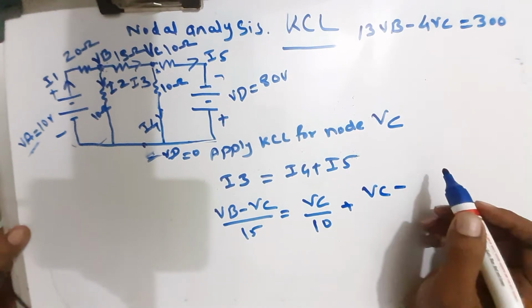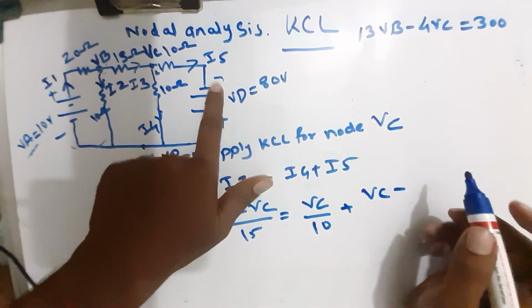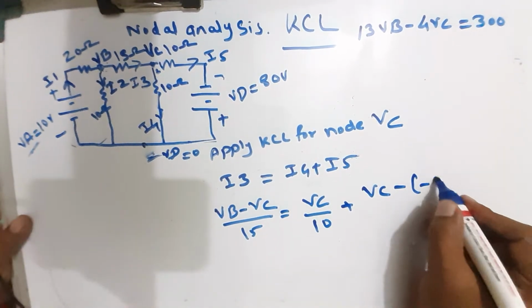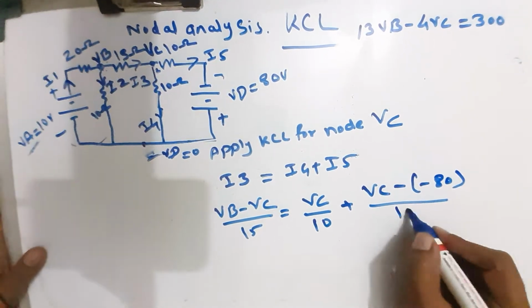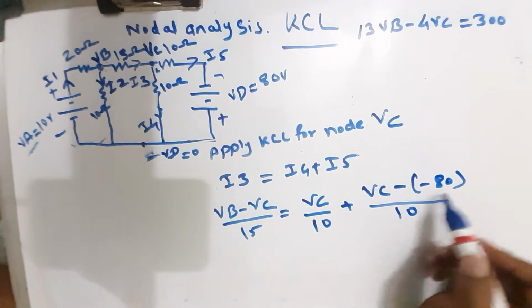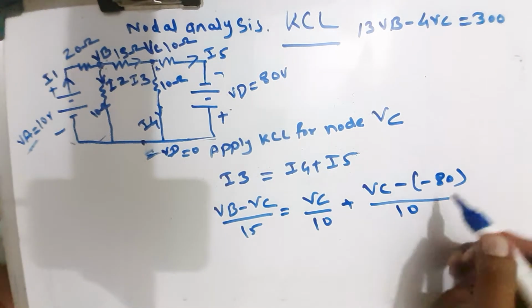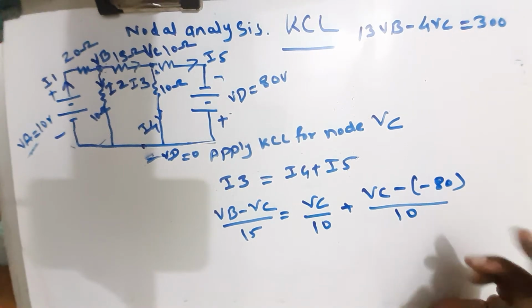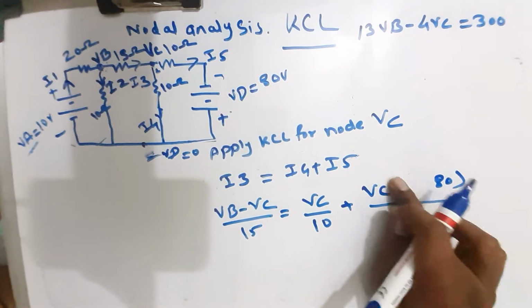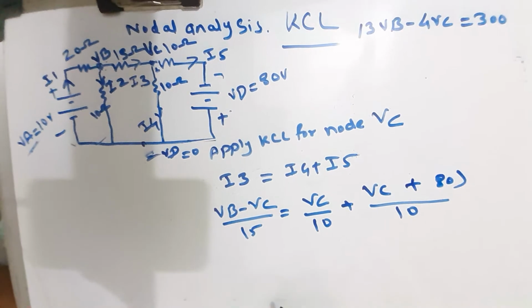But here again there is a minus side. So minus of minus 18 divided by the I5 value, which is 10. Minus of minus VD, but VD I will directly put as 18. So minus minus again becomes plus. Just do the cross multiplication.